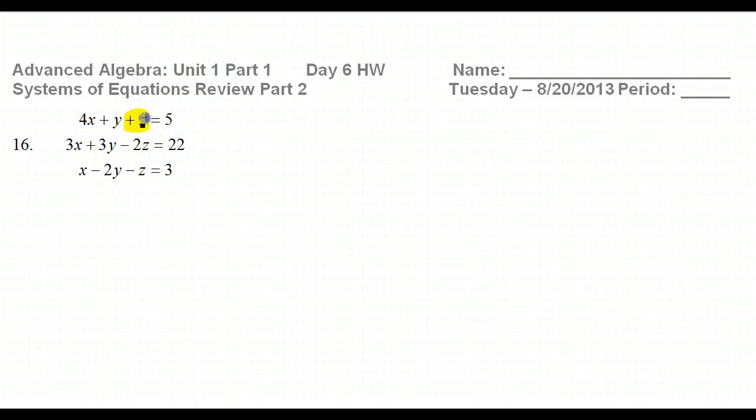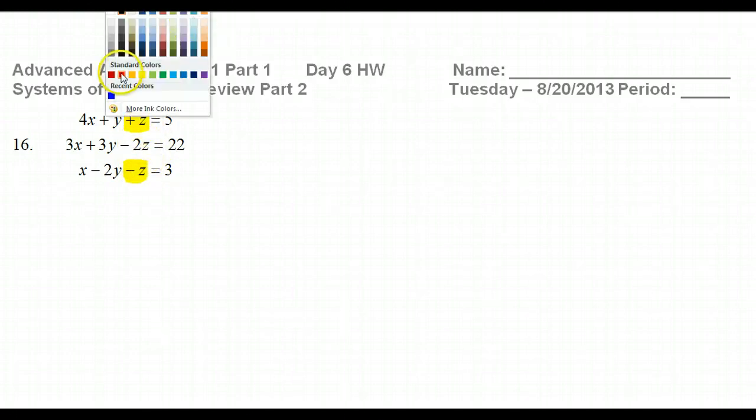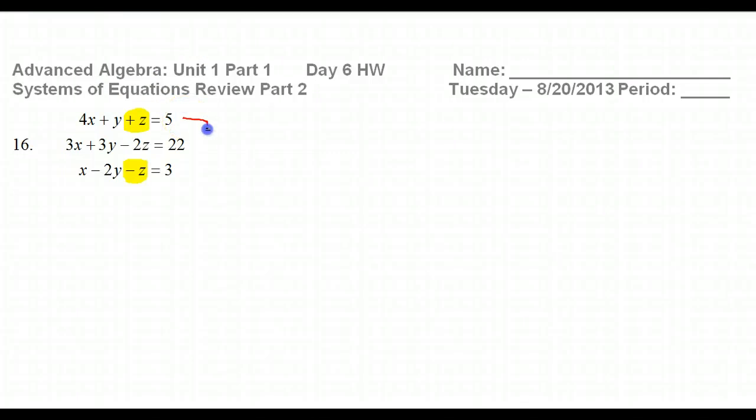I'm seeing this z here and this negative z here. I like the fact that they're already opposites. So I would love to make sure I put those together when I make my pairs. So I'm going to make sure that the first equation and the third equation are one of my pairs. So those are already ready to go.